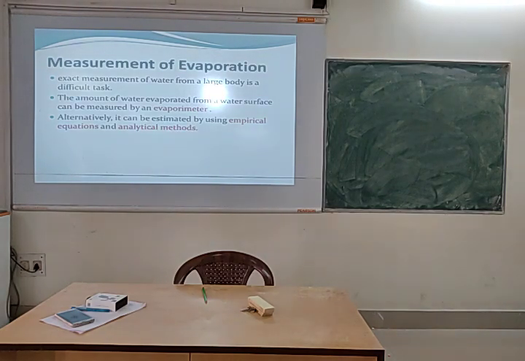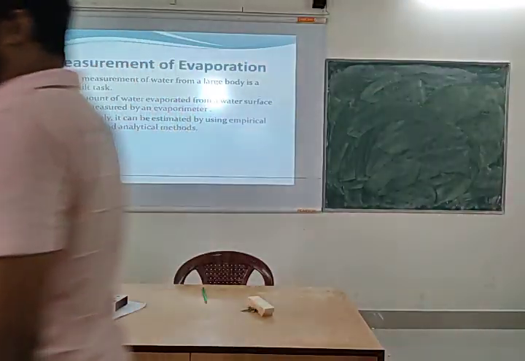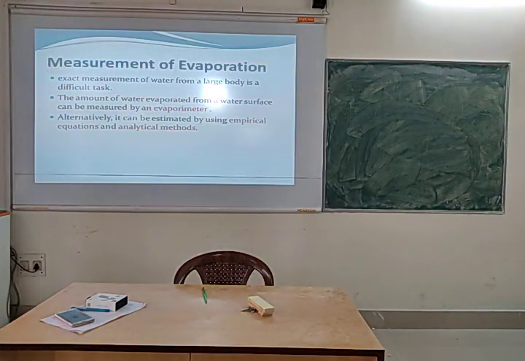We will see the amount of evaporation in a particular pot, then multiplying by some factors or using some empirical formulae, we can say this is the amount of evaporation that may be happening in this area, right? So that pot, that simple instrument, is called an evaporimeter. Evaporimeter, it's nothing but a pot, right?